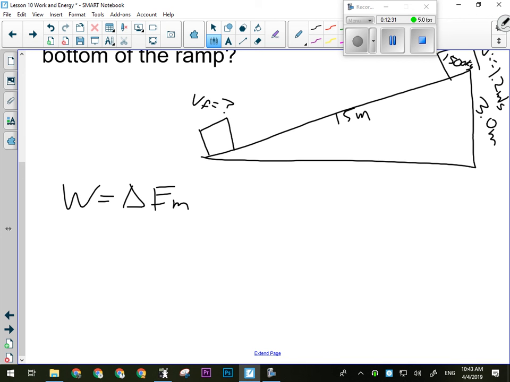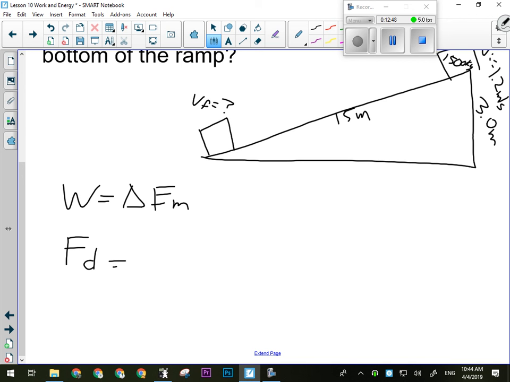Okay. So what's the formula for work? Force times distance. Do they tell me what force is being used to push this thing down the ramp? Do I know how long the ramp is? Okay, so I have those two pieces of information.